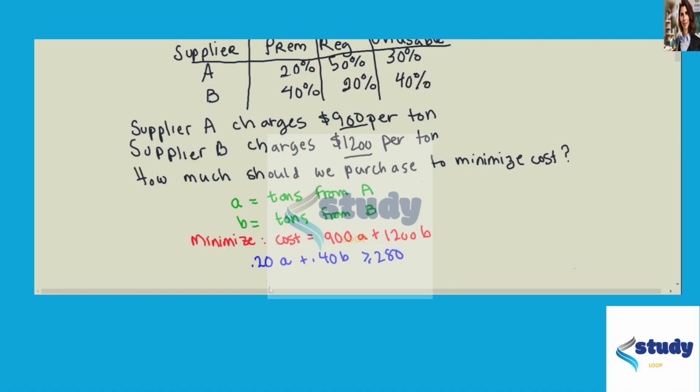Same for the regular, we need 0.50A plus 0.20B, and that needs to be greater than or equal to 200.